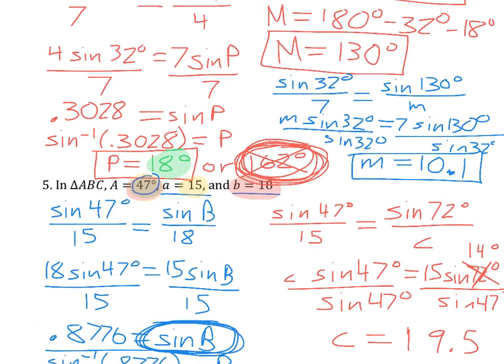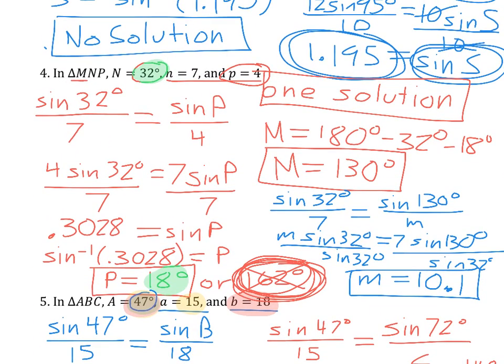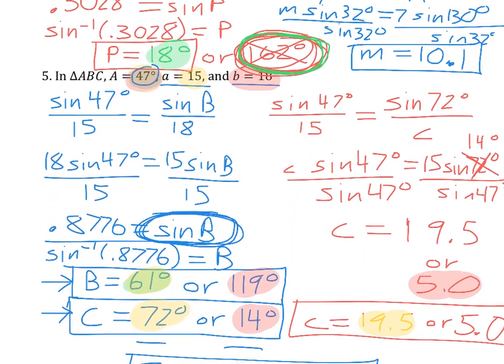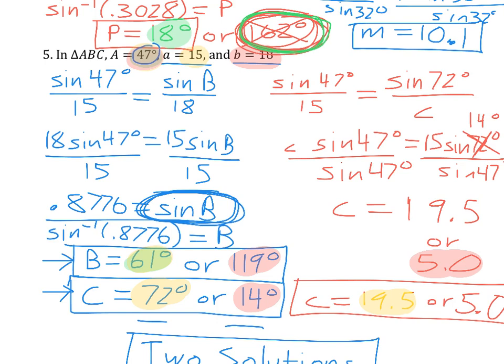However, going back to number 4, when we found the supplement of that angle, it was impossible because if you have a 162, you can't have a 32 because that adds up to more than 180. Going back to number 5, this was possible because 119 and 47, those add up to a number less than 180.